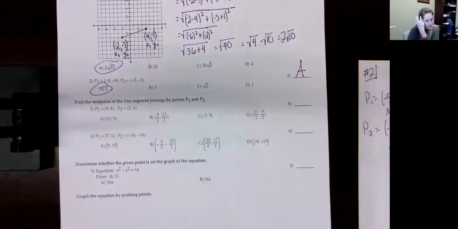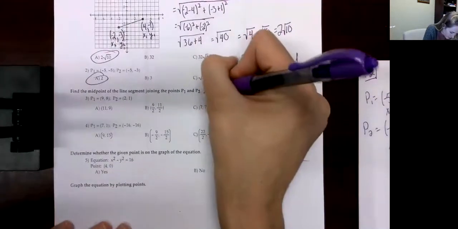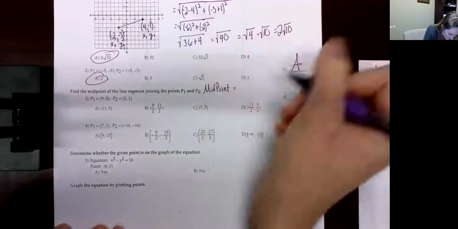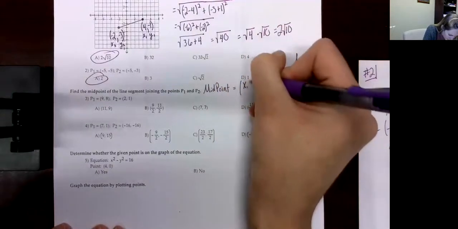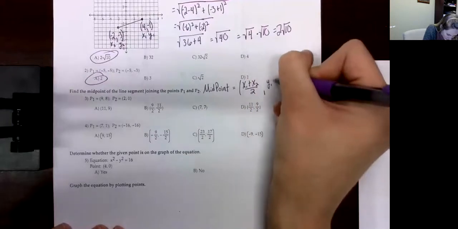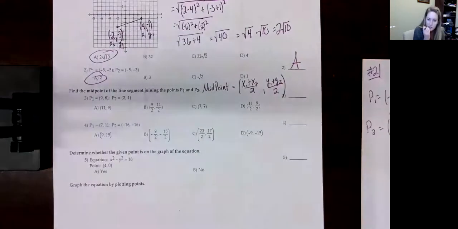Find the midpoint of the line segment joining the points P1 and P2. So our midpoint formula: you take your x values and you add them together and divide by 2. Then we take our y values, and we add them together and divide by 2. So you're averaging your x and y values.